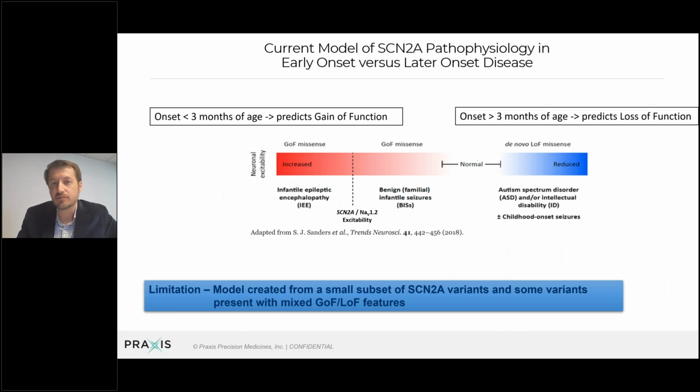There is a model currently for how SCN2A contributes to pathophysiology. This is shown here in a simple red-blue diagram, red denoting increased function, blue denoting reduced function.